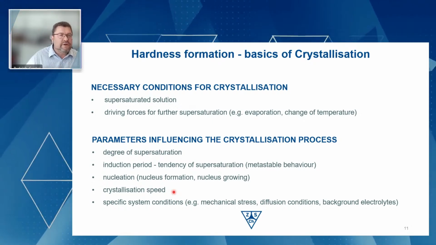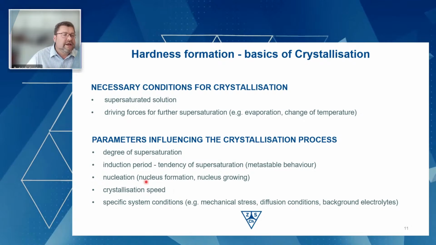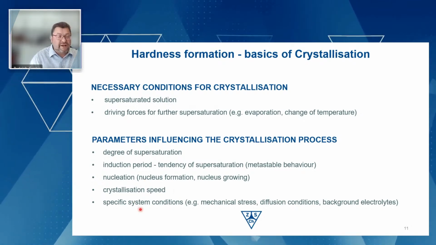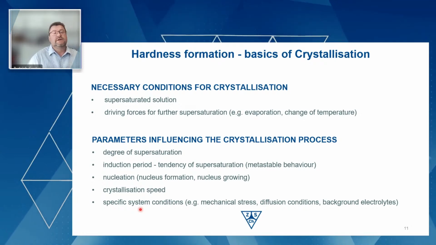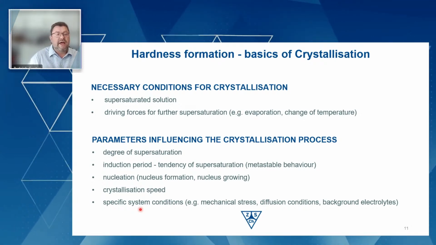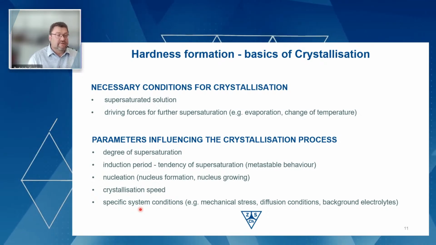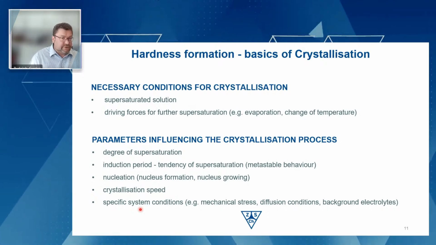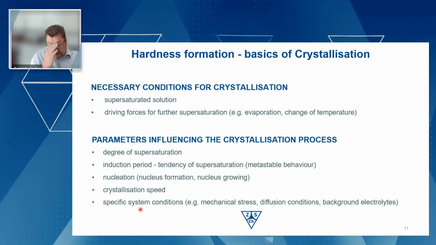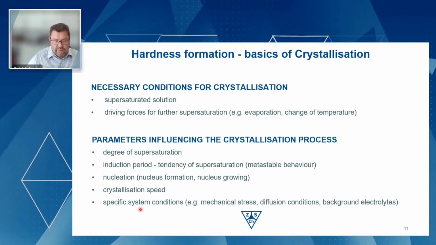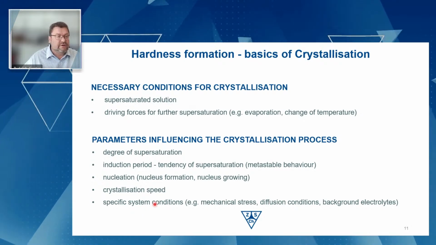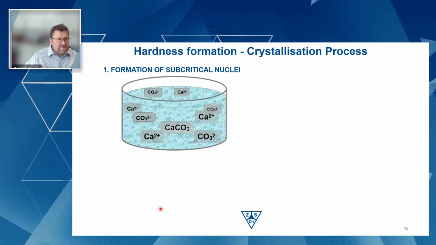This all influences the crystallization process. And last but not least, in practice, we are confronted with the specific system conditions. So the mechanical stress, any diffusion conditions, or even background electrolytes will influence the crystallization process. What I want to say here is, this is hard to predict. One needs experience in order to understand these fundamental properties.